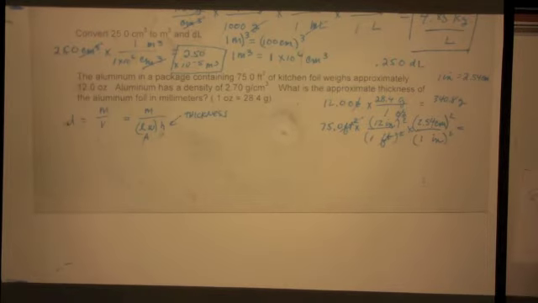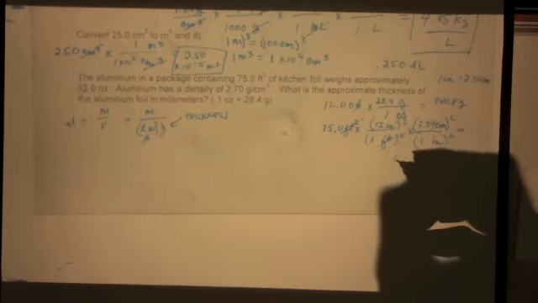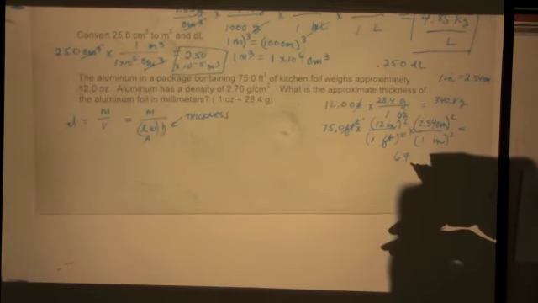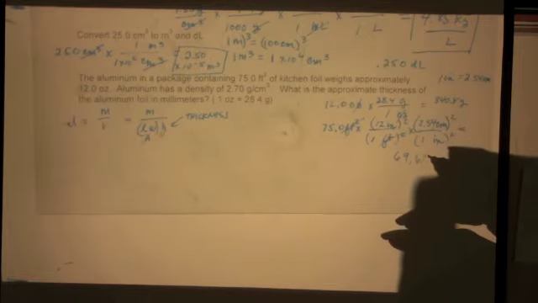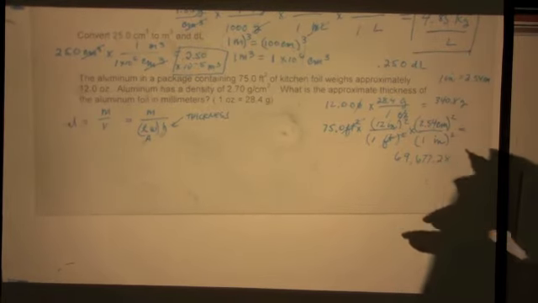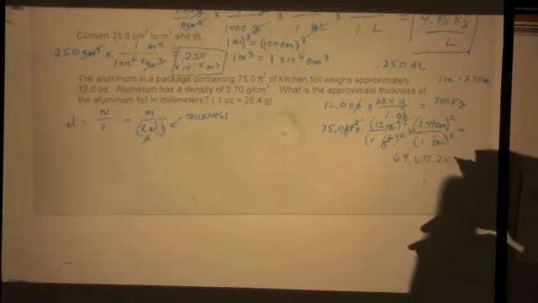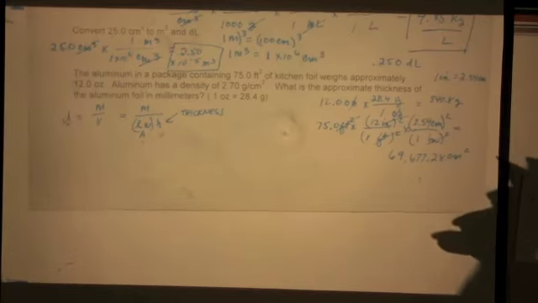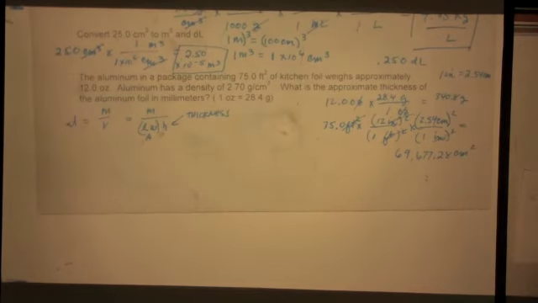Now, when I put all of this in my calculator, I got a really obnoxious number. I got 69,677.28. The units come out, though, to be square centimeters. Very close to 70,000. But again, you want to wait until the bitter end here in order to get the correct number of sig figs.